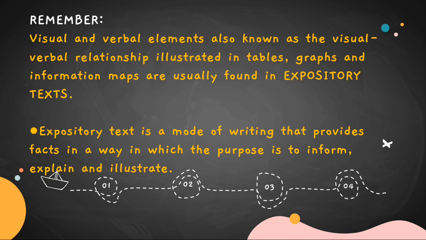But what is an expository text? Right. Expository text is a mode of writing that provides facts in a way in which the purpose is to inform, explain, and illustrate. This clearly means that expository texts are information-based texts.